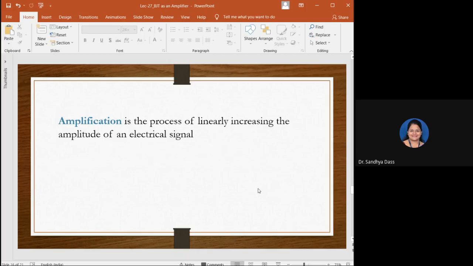Now, what is amplification? It is nothing but increasing the strength or the amplitude of the signal. Whatever you apply at the input, if that signal is amplified or strengthened at the output, then we say it is amplification, all right?